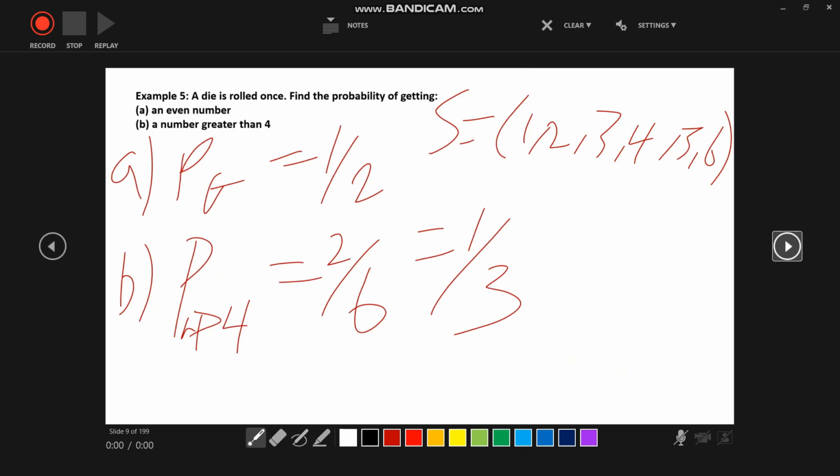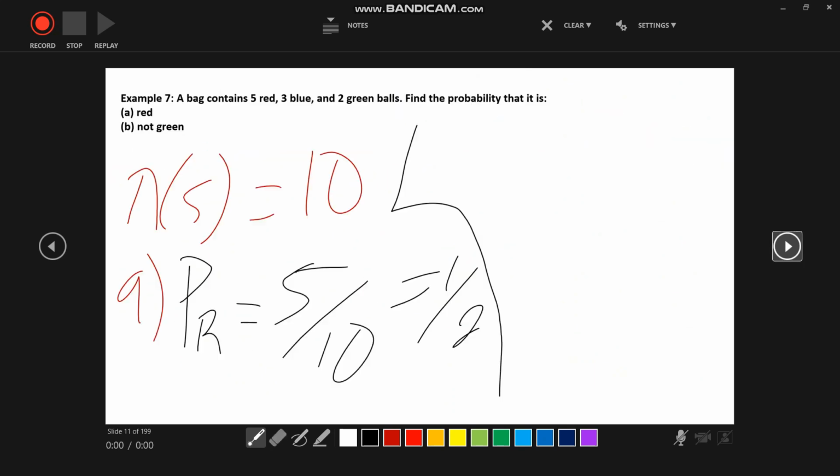Now for this question, we have to find the probability of not getting a red. Now for this event, this question A is a single event. Inside one experiment, we might have different events. For this question A, this is one event.